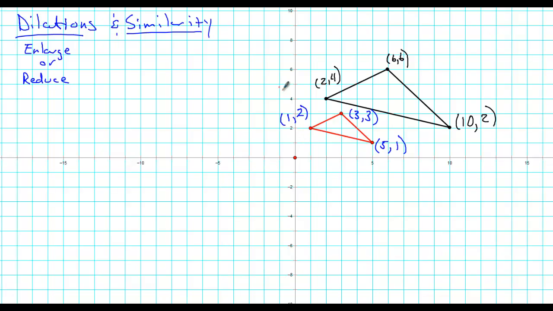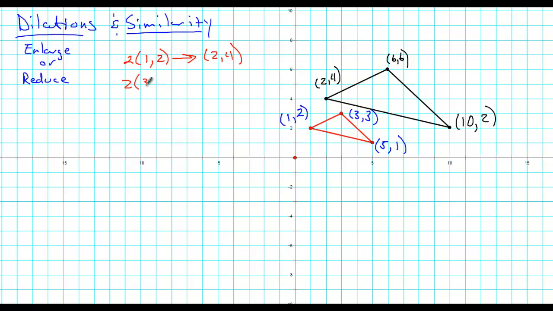Okay, hopefully what you're seeing is that this point, 1, 2, times 2 would make 2, 4. So what we did is 2 times 1, 2 turned into 2, 4. And then we did the next point, 3, 3.